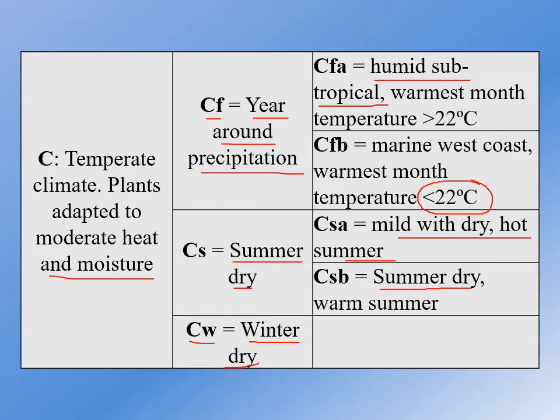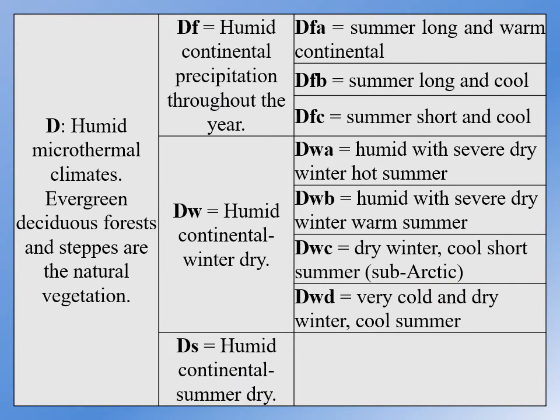Next is the humid microthermal climate, or it is often known as cold forest climate. In this climatic condition, the temperature of the coldest month is below minus 3 degrees centigrade, but the temperature of the warmest month is above 10 degrees centigrade.